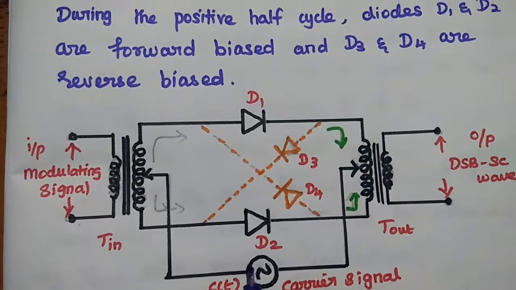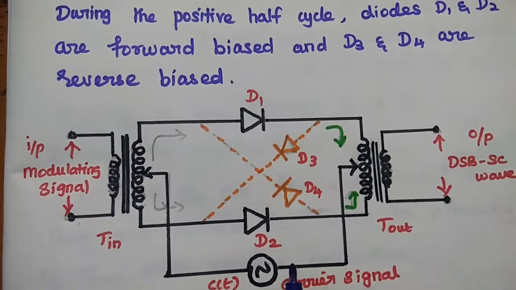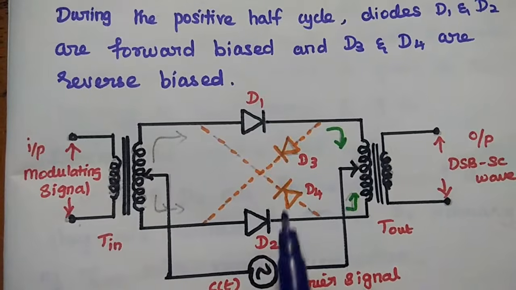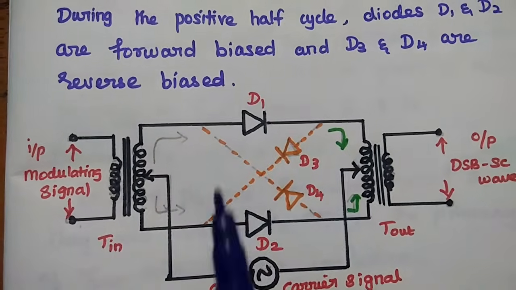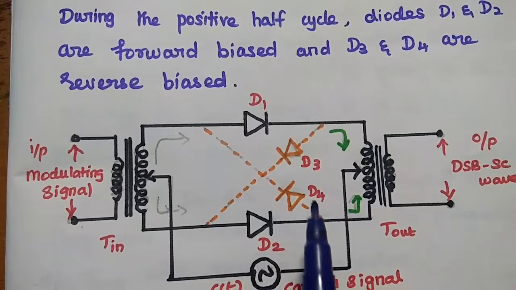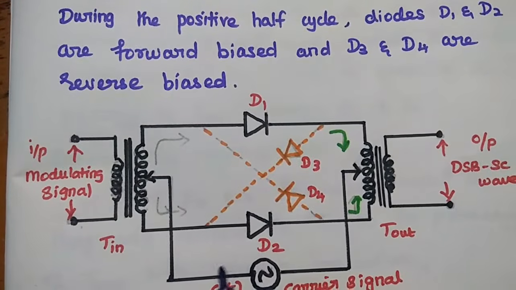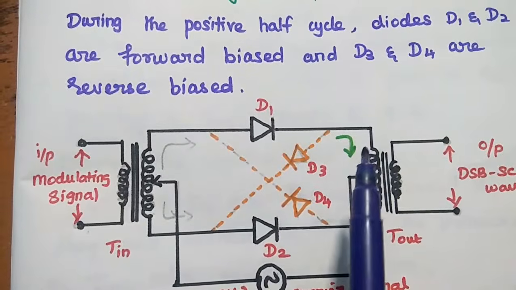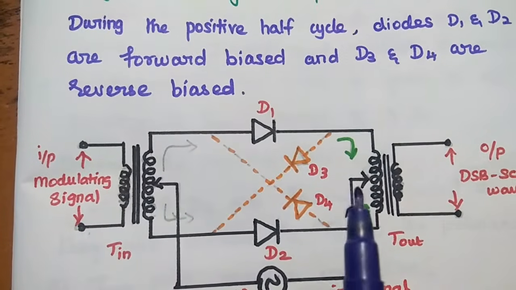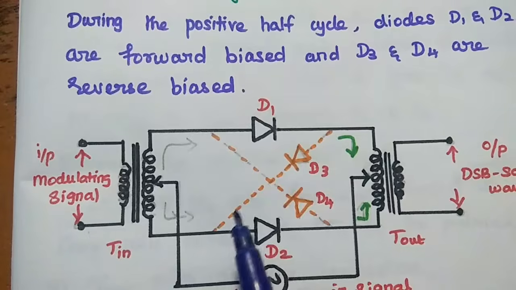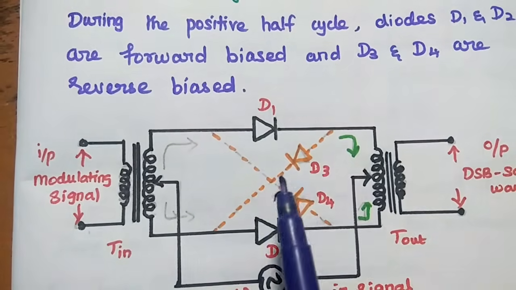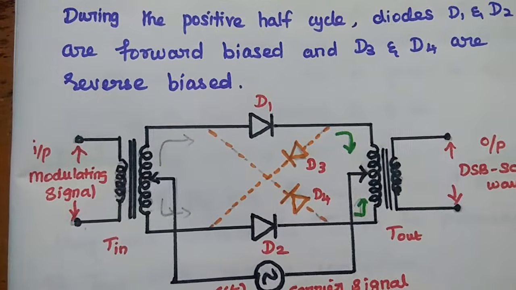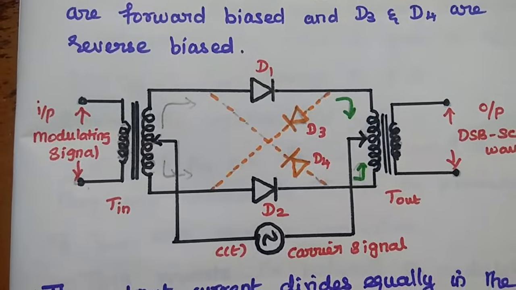So in this case, during the positive half cycle, diodes D1 and D2 both are forward biased and D3, D4 are reverse biased. So forward biased means it can conduct the current, reverse biased means it doesn't conduct the current. That's why we mentioned it with the dotted line. There is no current conduction. It is in off condition.